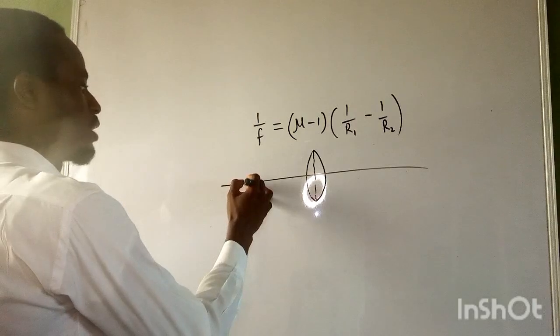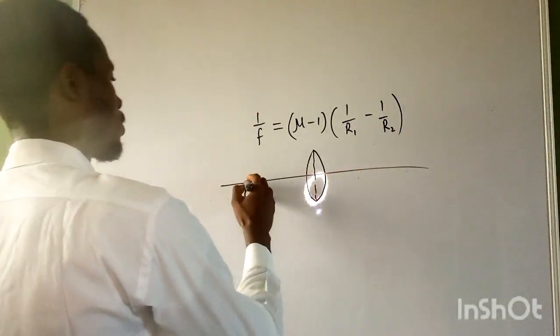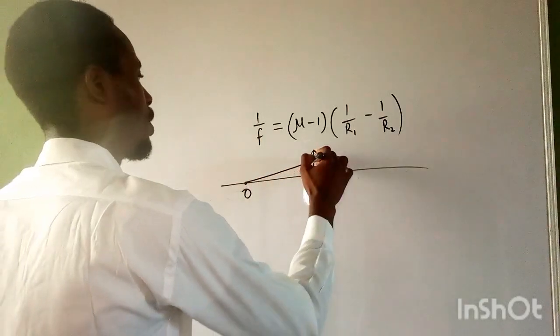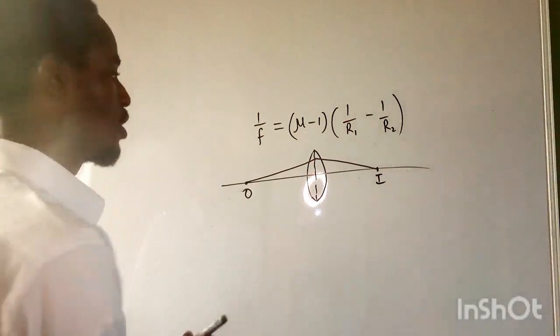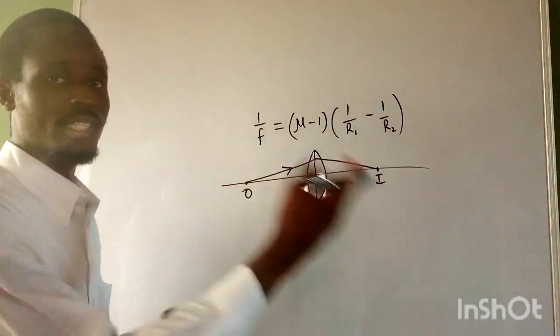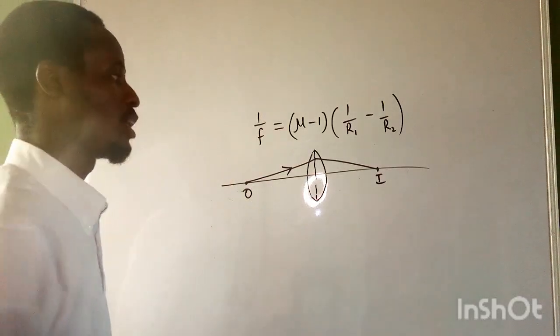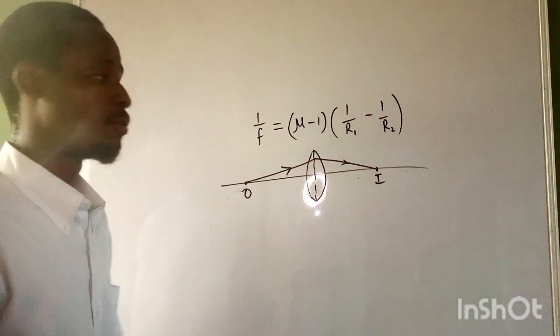Let's say an object is placed here, and the image is formed somewhere here. We believe that this is the incident ray from the object. Are we getting it now? And this is the image line of view.